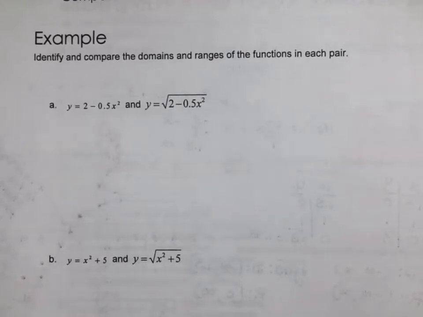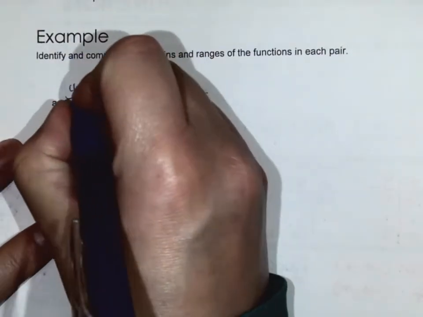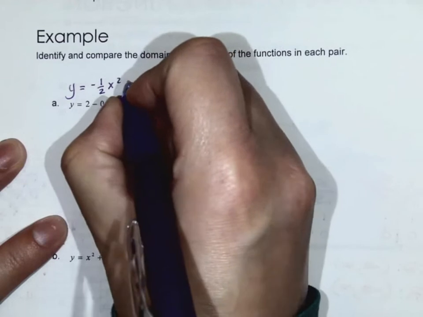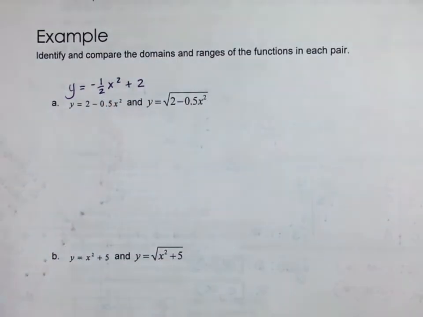Okay? So when I look at this, I'm going to rearrange this. This is going to be negative 1/2 x squared plus 2. I just flipped the order and changed the decimal into a fraction. Okay, so where's the vertex?